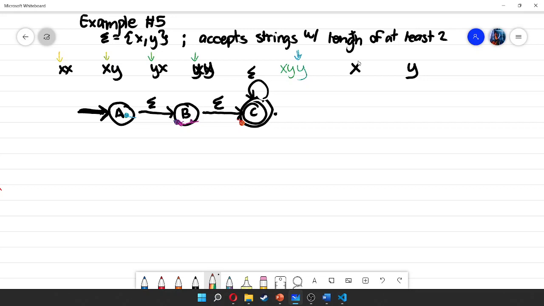No need, right? Because if you observe, if we are in state A, then we read X or Y, meaning only one character, we go to state B. Then state B is not a final state, right? B is not a final state. Therefore, X and Y are rejected. We can no longer proceed to C because there is nothing next. There are no more continuing characters. So there is no need to create a dead state or trapping state.